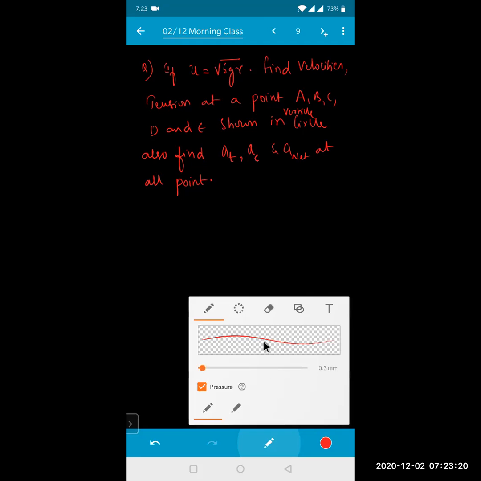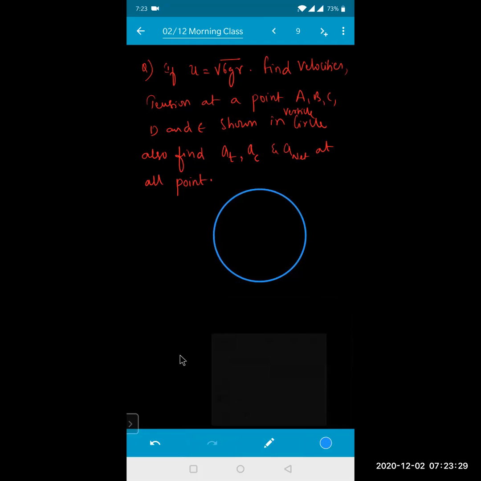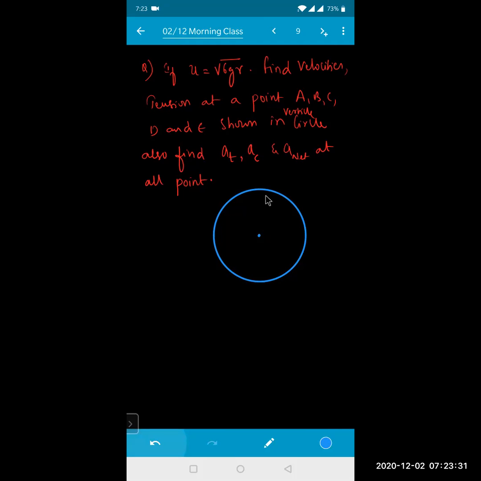And this is the given figure for you. I'm giving you the figures here. This one is your figure. This is your radius. So this is your point A. Here the velocity which I have given is u equal to under root of 6g into r.